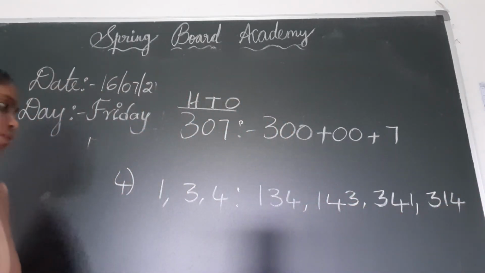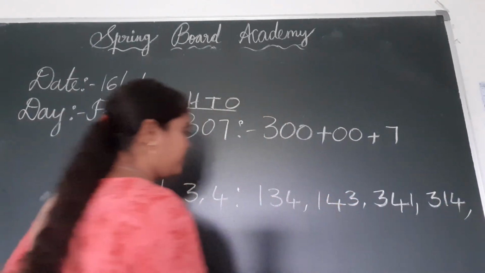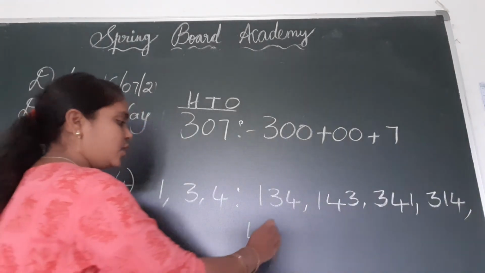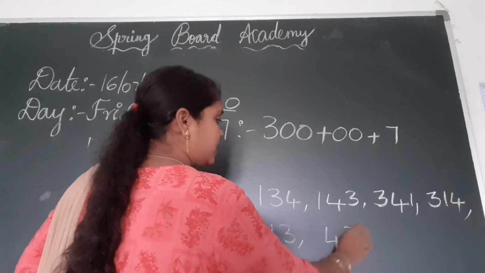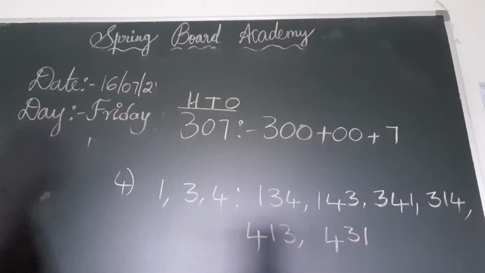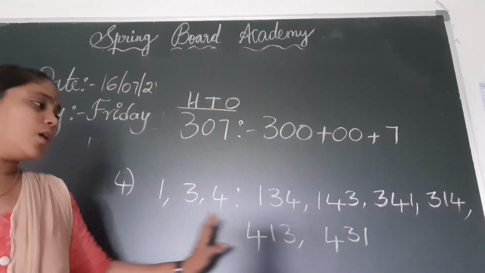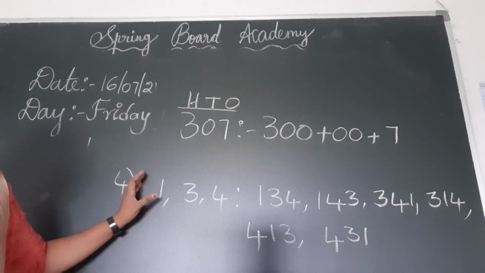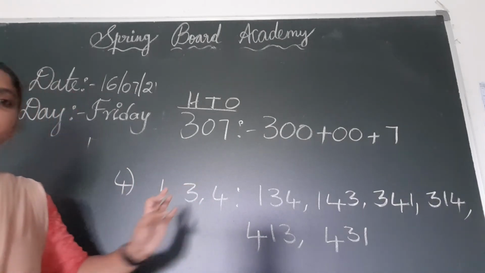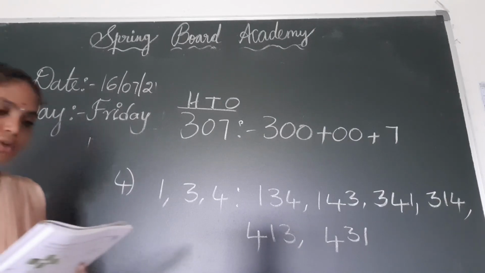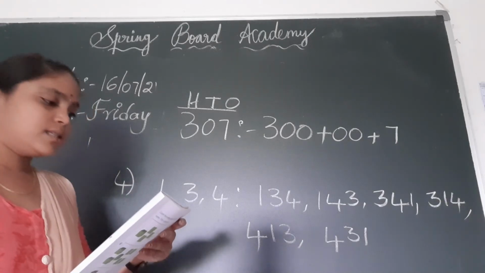So this is one more number. And now I am taking 4 in the hundreds place: 413 and 431. So you just have to change the places and write. We can write 6 possible numbers, children. We use 3 digits to form 6 possible numbers. Like that you have to write the second one, children.